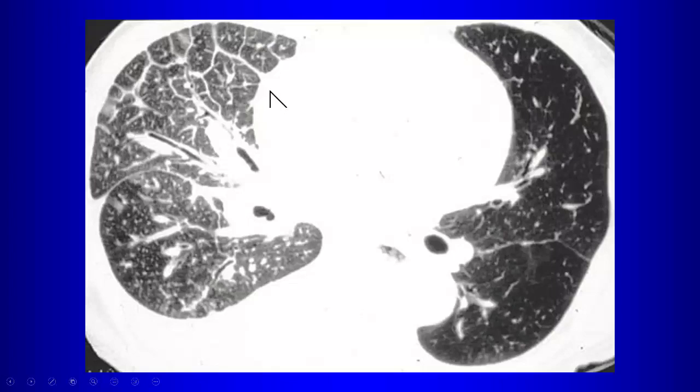But this was lymphangitic carcinomatosis. So you gave us the answer. Tell us what diseases are associated with unilateral or asymmetric lymphangitic carcinomatosis. Well, the topic of the talk is cancer. What cancer of what organ? Sure.